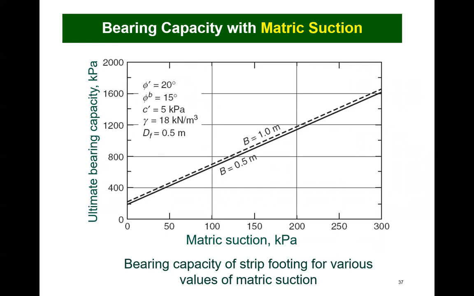And if the matrix suction is increased to 200 kilopascals, the bearing capacity increases to almost 1200 kilopascals. These calculations show that the bearing capacity of a soil increases substantially with the cohesion in the soil.